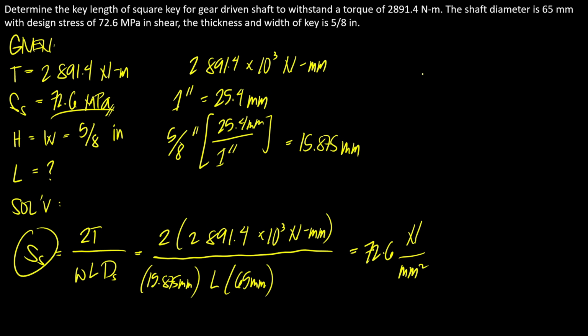So now we have the length: 2 times 2,891.4 times 10 raised to 3, then 15.875 and 72.6 times 65. We would have 77.19 millimeters.